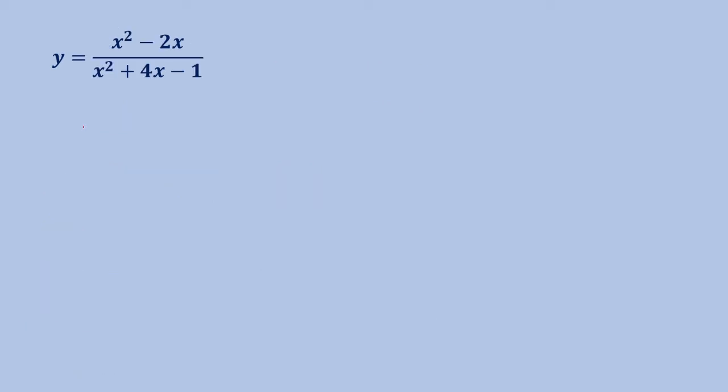So let us have another example. Let's say we have x squared minus 2x over x squared plus 4x minus 1. So again, this is our f of x, and this is g of x.